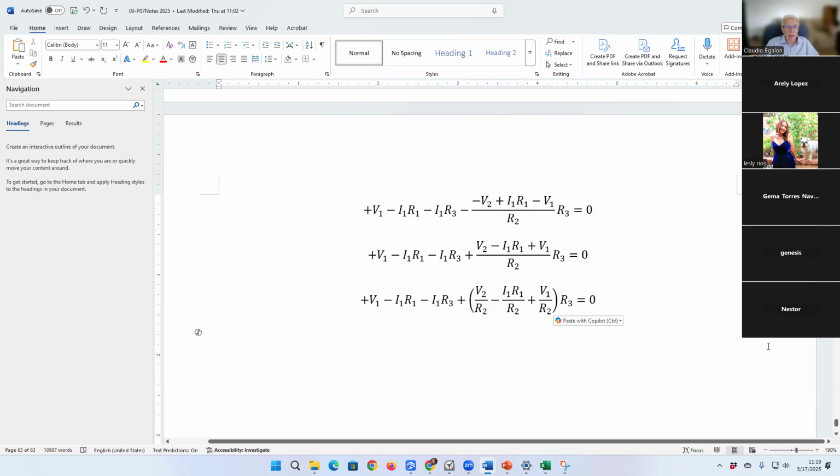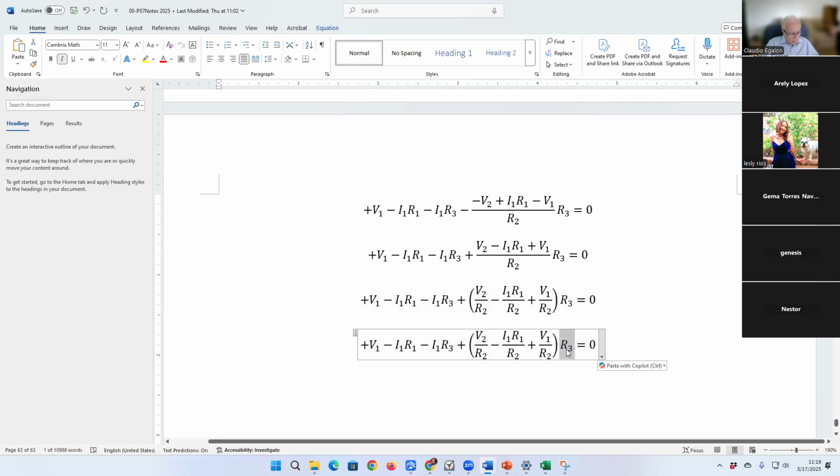Did I make a mistake? Doesn't look like, right? Positive, negative, positive, good. Okay, R2, only R2 here. Next, do you see how much work we're having to solve this type of problem? R3, R3, and R3. Right? Copy.